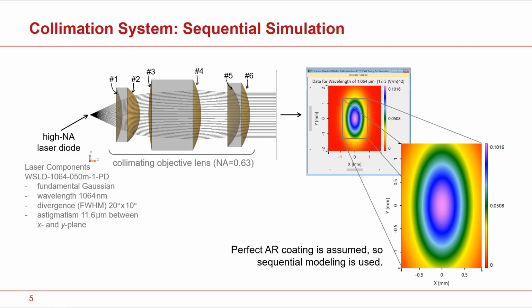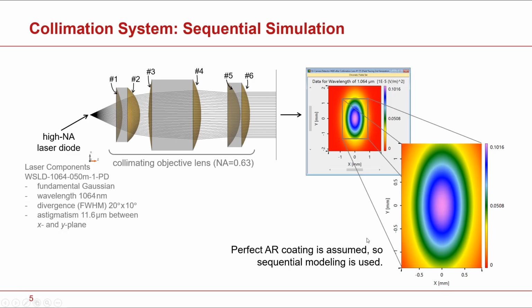lens system. There are 3 lenses, more specifically 6 optical surfaces. Light propagates through surfaces one by one from 1 to 2 until 6, sequentially. This is sequential tracing, and you can see both sequential ray tracing and sequential field tracing results here.